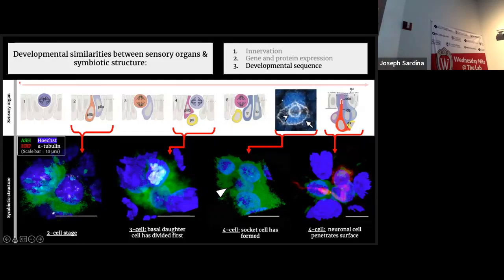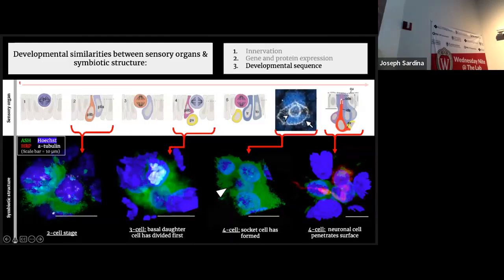On the bottom, I'm comparing some of these steps to what I've seen so far in the symbiotic structure's development. I'll go through this step by step, just to explain the colors I'm using. In green is, again, this Achaete-scute homolog antibody. Red is HRP, which stains neuronal cells. Blue is staining the nuclei, and white is alpha tubulin.